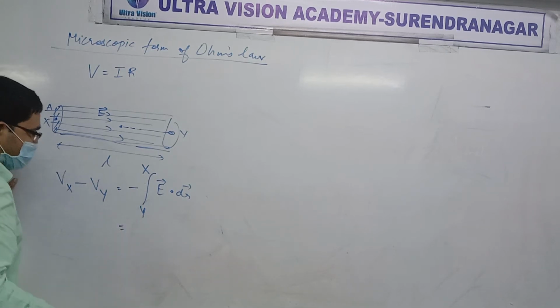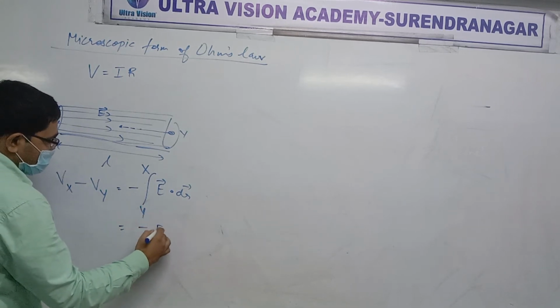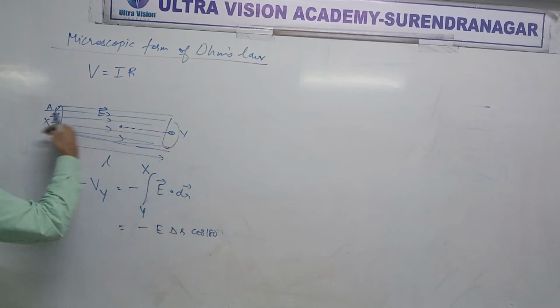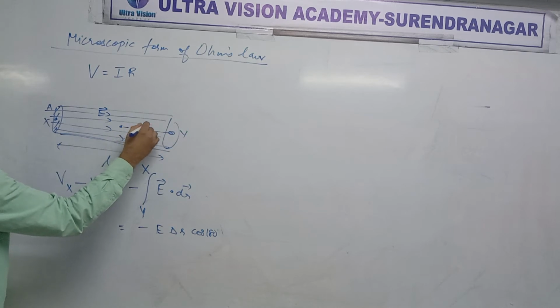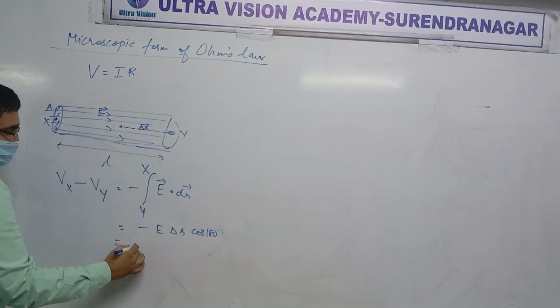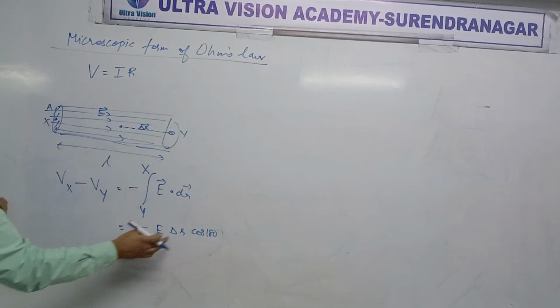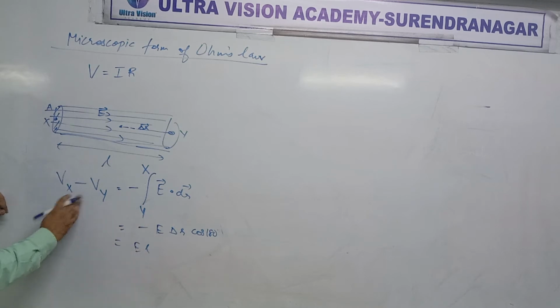Okay, so now what do we get here? Minus E delta r cos theta, and theta is 180 because we are going from Y to X, and the electric field is in the opposite direction. Simplifying, delta r magnitude is L, E is E, cos 180 is minus 1, so minus times minus gives plus. Now this is called voltage.